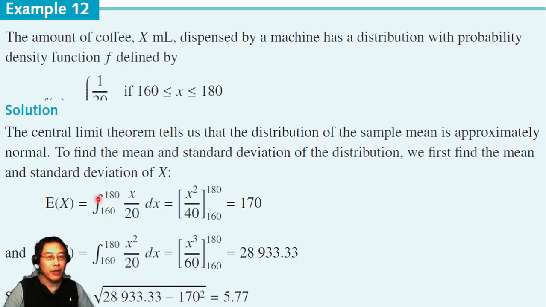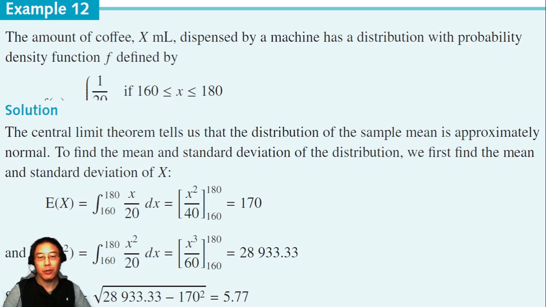Now we haven't covered that yet in Methods, but you need to find the standard deviation and the expected value of the original function. So here is the expected value, which is the mean, or mu here.